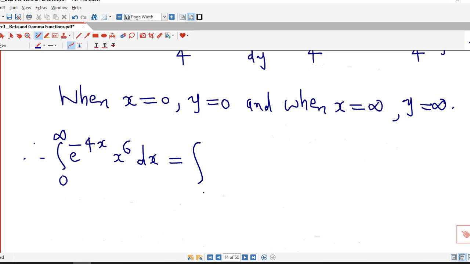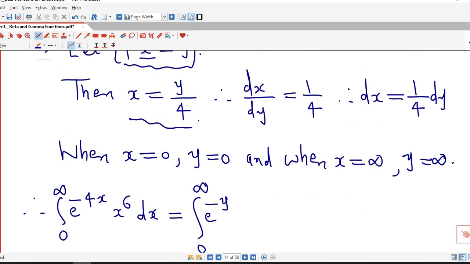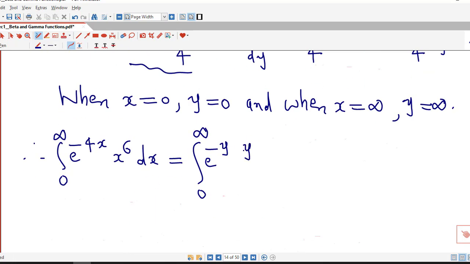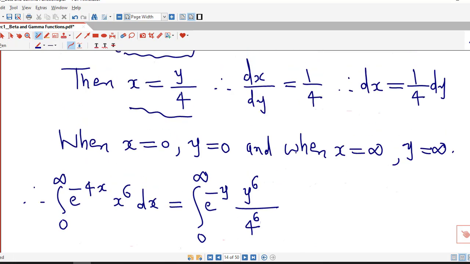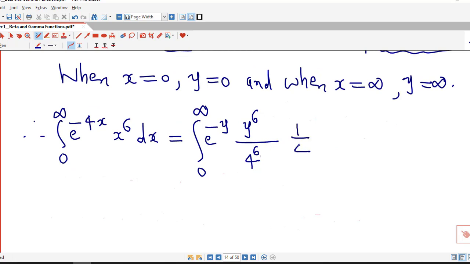The limits of y remain 0 to infinity. 4x is replaced by y, and x is replaced by y by 4, so x raised to 6 is y raised to 6 over 4 raised to 6, and dx is replaced by 1 by 4 into dy.